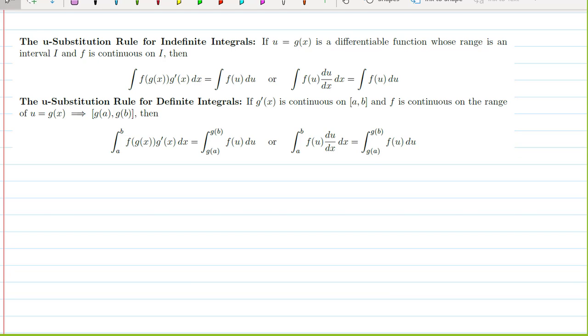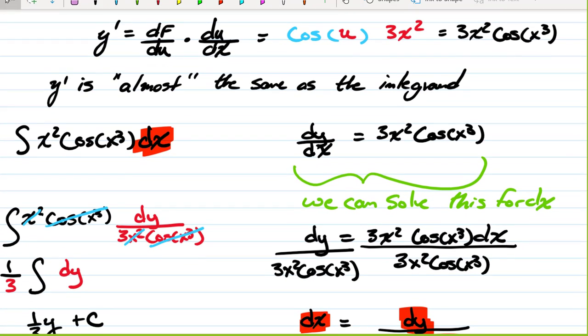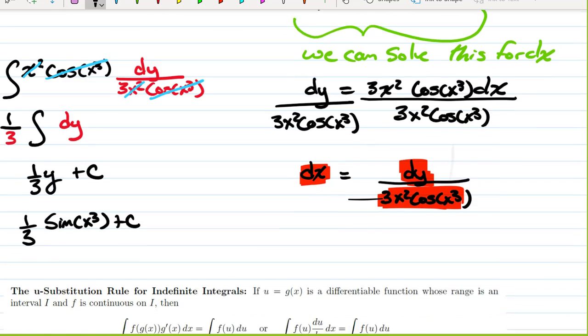So that was the U-Substitution rule for indefinite integrals. The same thing applies for definite integrals, but when we do the U-Substitution, it changes the limits of integration. So if our integral starts with the limits of integration from a to b, those are x values. When we do our U-Substitution, we have to change them. Just like what happened up here, we changed everything from x's to y's.